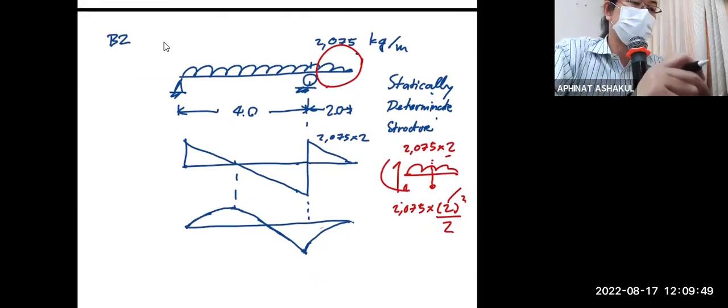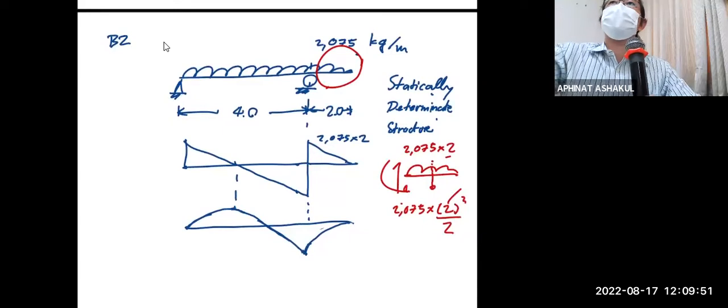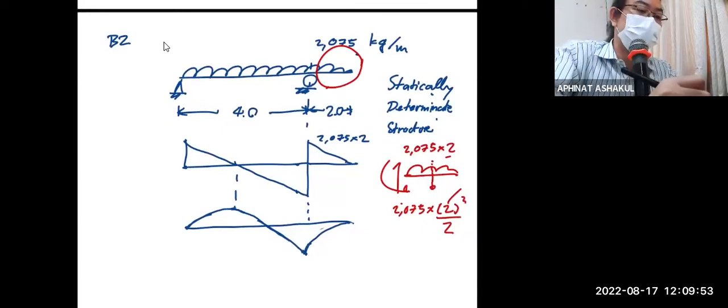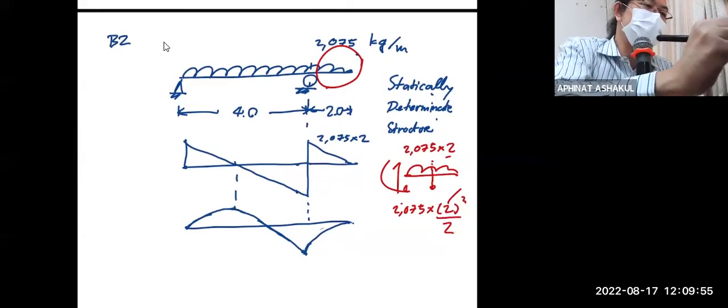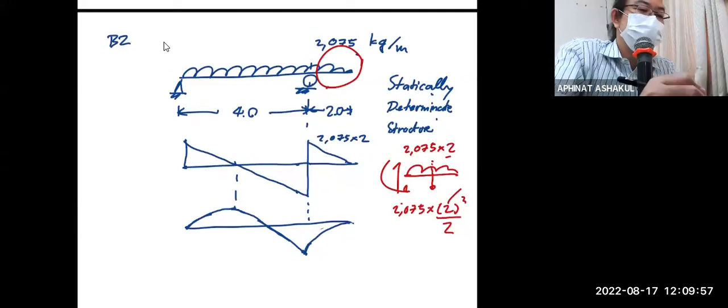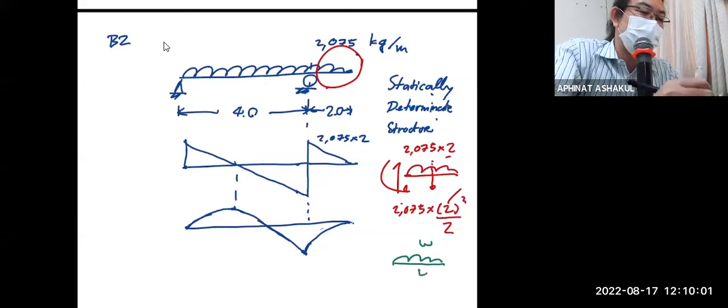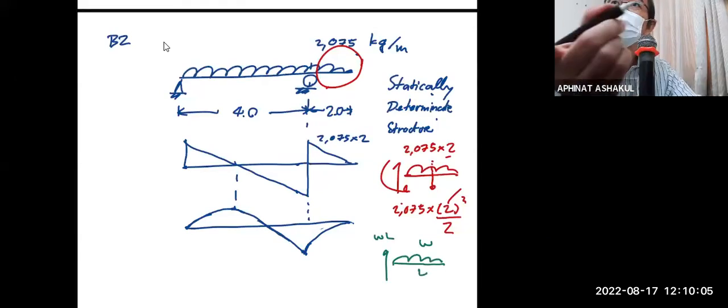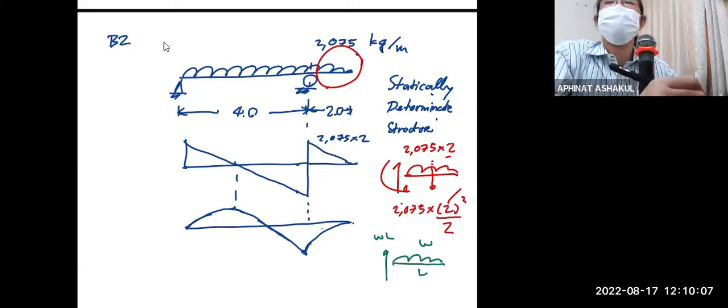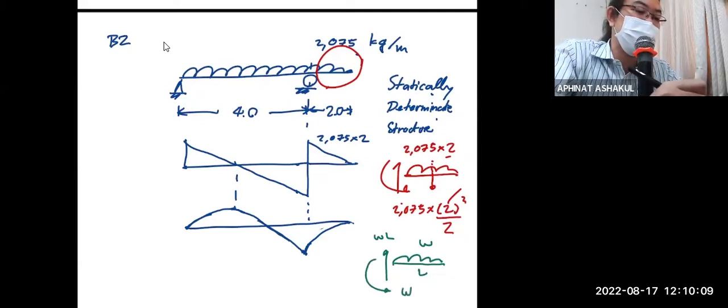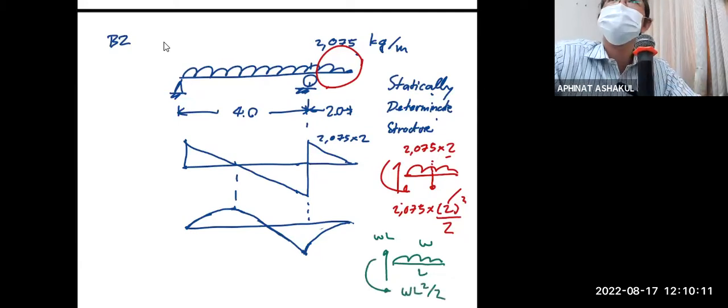Or I can make this into a rather simple form: if that's w, if that's L, so that is wL, correct? The total load is wL, times L over 2. So your moment better be wL squared over 2.